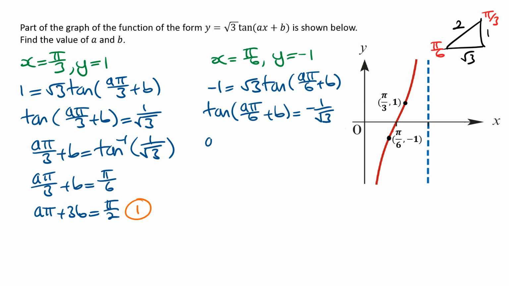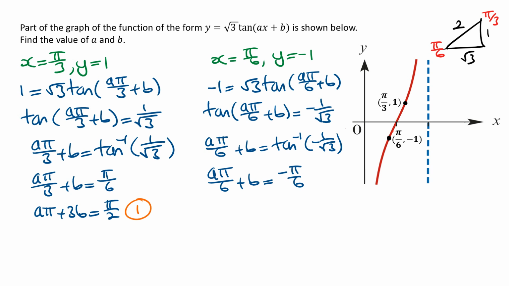And so therefore the angle a pi on 6 plus b is going to equal tan inverse of minus 1 on root 3. And so this is going to be a pi on 6 plus b is equal to the angle minus pi on 6. And so if we multiply both sides by 6, we're going to get a pi plus 6b is equal to minus pi. And so this is going to be our second equation in terms of a and b.